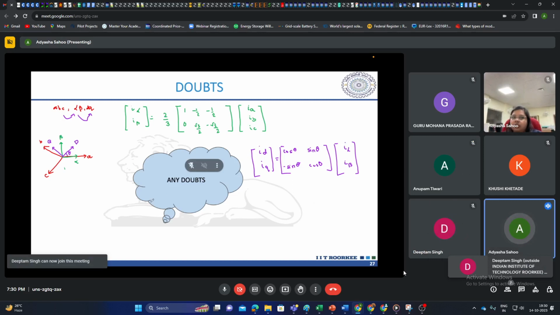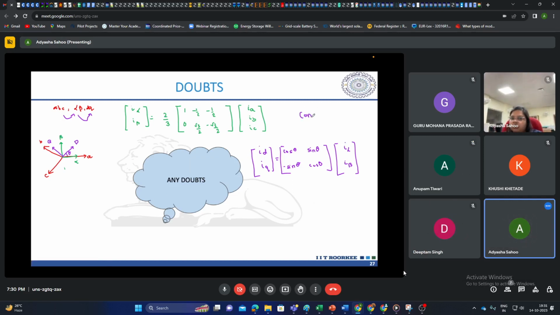That will depend upon your control algorithm. Depending upon the control algorithm, it will depend which one you want to take.